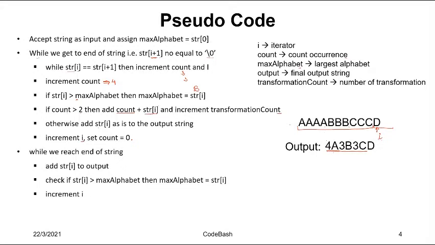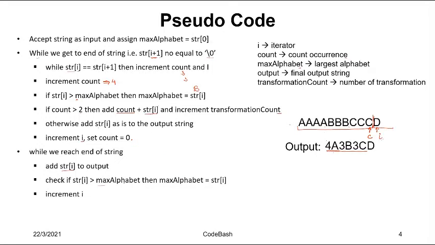So I again starts, we add the str of I to our output, and here also we check if this D is greater than the max alphabet. Till this substring, our max alphabet is C, but later we see that D is a character which has greater importance than C, so basically higher.